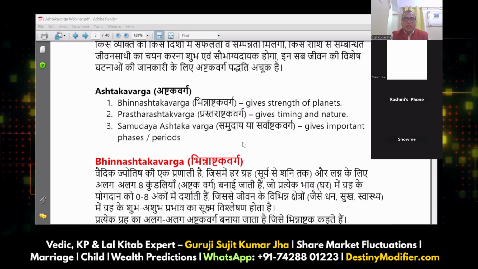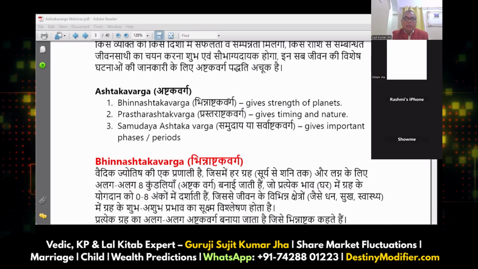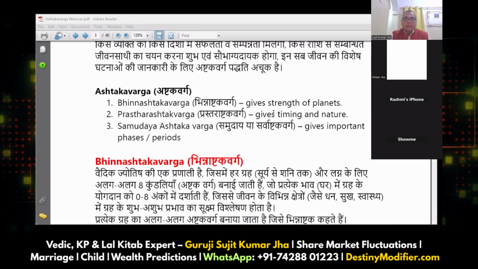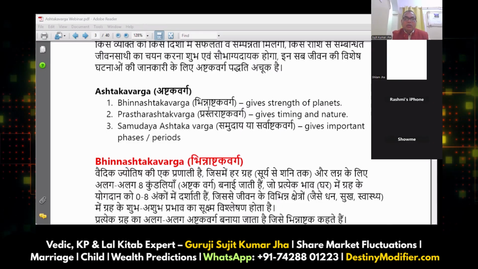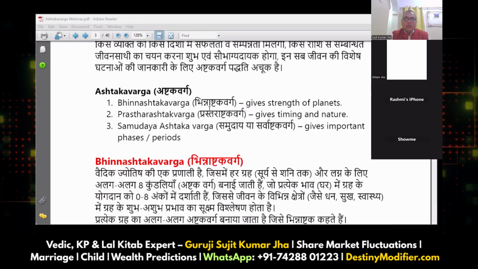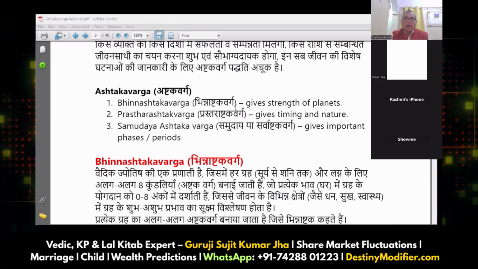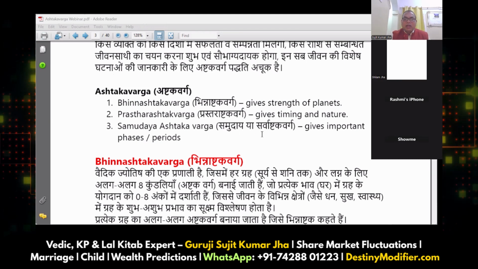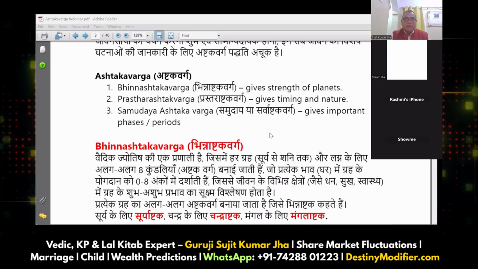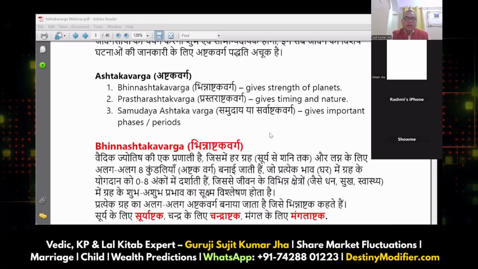In Samudayak Ashtakavarga, we take the 7 planets and Lagna giving Ashtakavarga. Combining the points of all the individual Ashtakavarga except Lagna, we make one Ashtakavarga, which is called Sarvashtakavarga. This is used for every event in life.